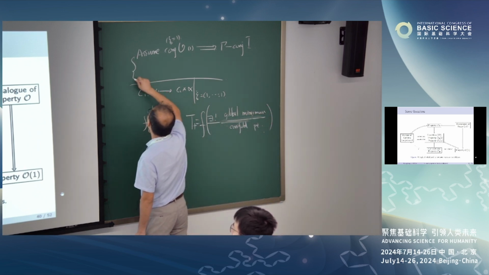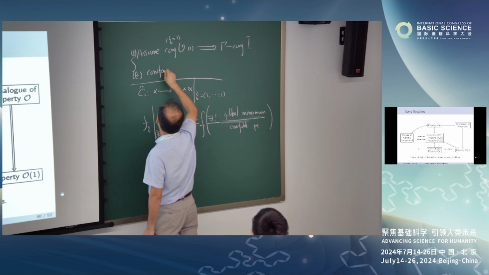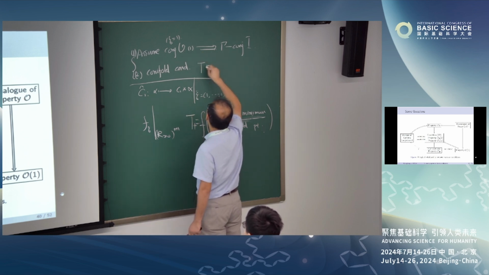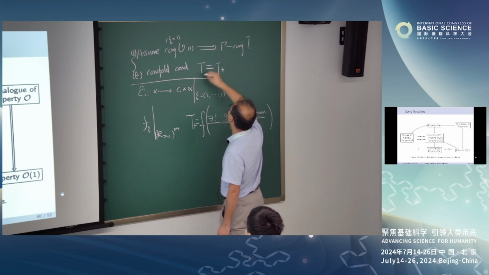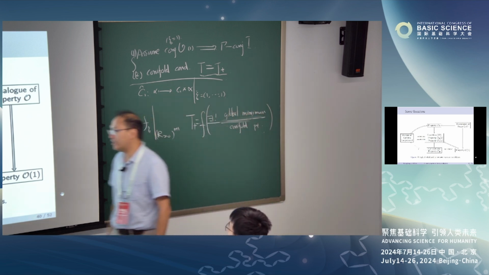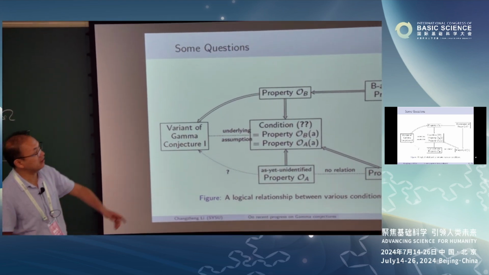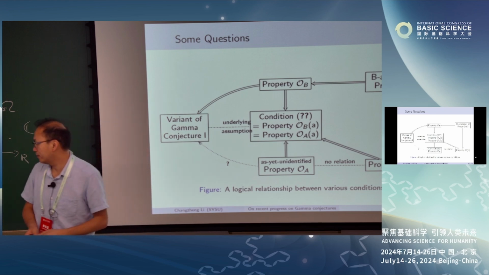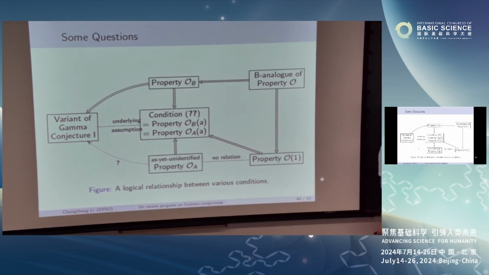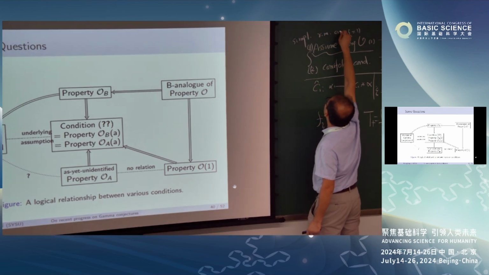So we should modify it to be 1 and 2. This is a conifold condition, roughly speaking T is equal to T plus. So we need 2. Then the problem is that on the A side, the first one is replaced by simple rightmost, the weaker one.